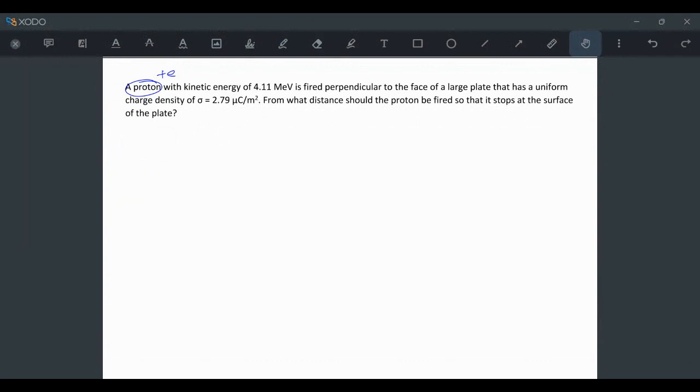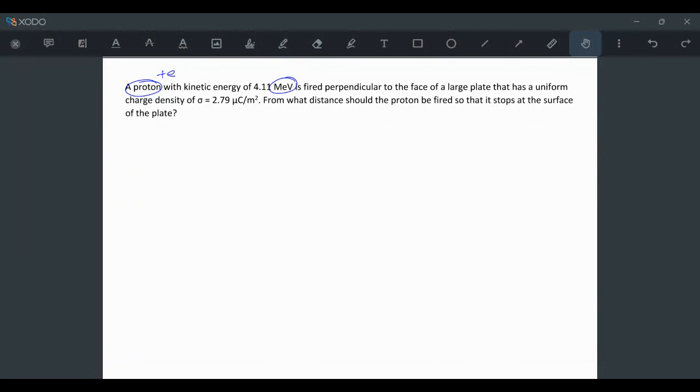We're told it has a kinetic energy of 4.11 mega electron volts. I expect this is a new unit, and we might get exposed to it in the next weeks, but I would be surprised if Professor DeVet has gone over what a mega electron volt is at this point, if he's going to at all. So we can talk about that before we dive in. It's just another unit for energy.